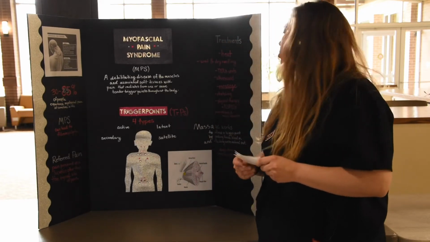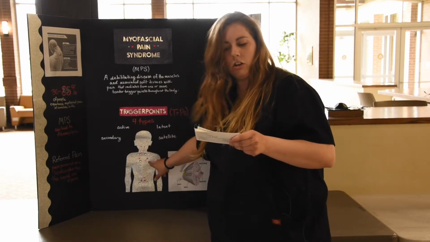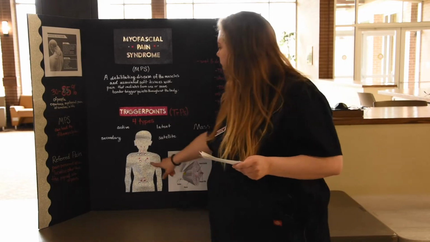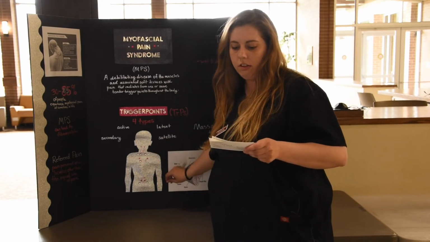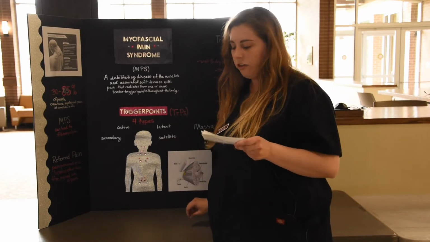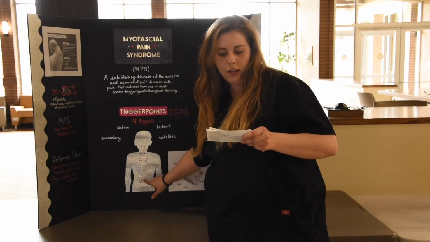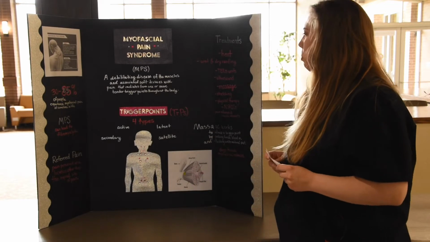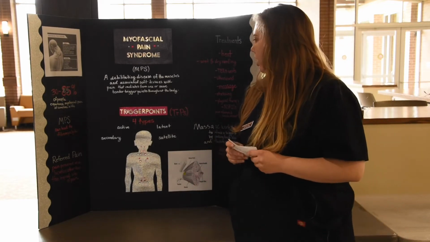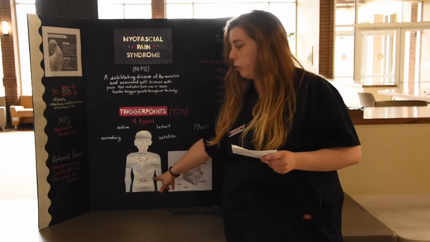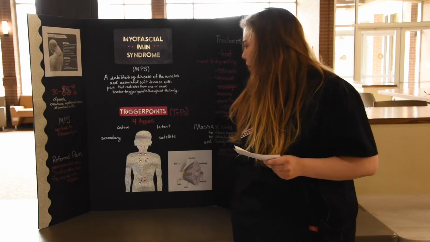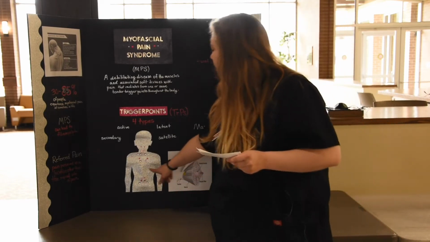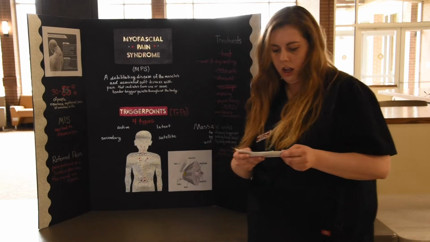So it's going to be your sternocleidomastoid muscle, which is in your neck, your trapezius, which is right here, the levator scapula, infraspinous, which is down the spine, rhomboids, which are over here. And those are mostly where your trigger points appear. There's some down by your tailbone and your sciatic nerve down there.